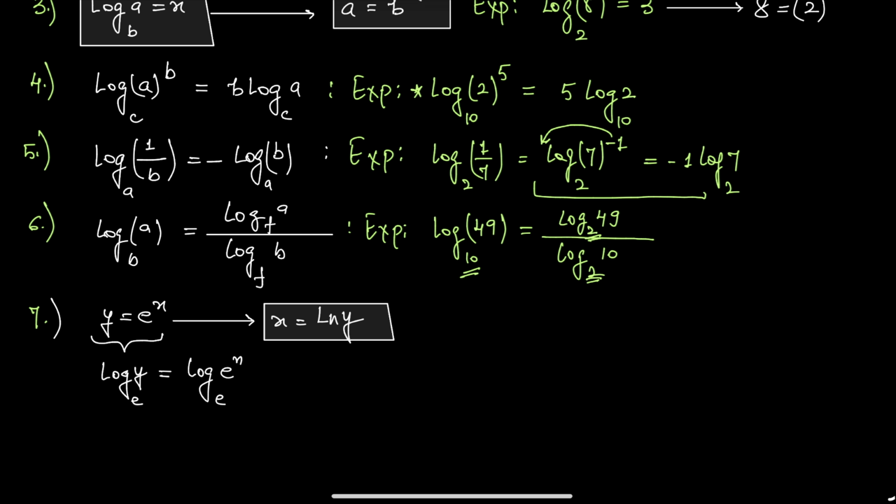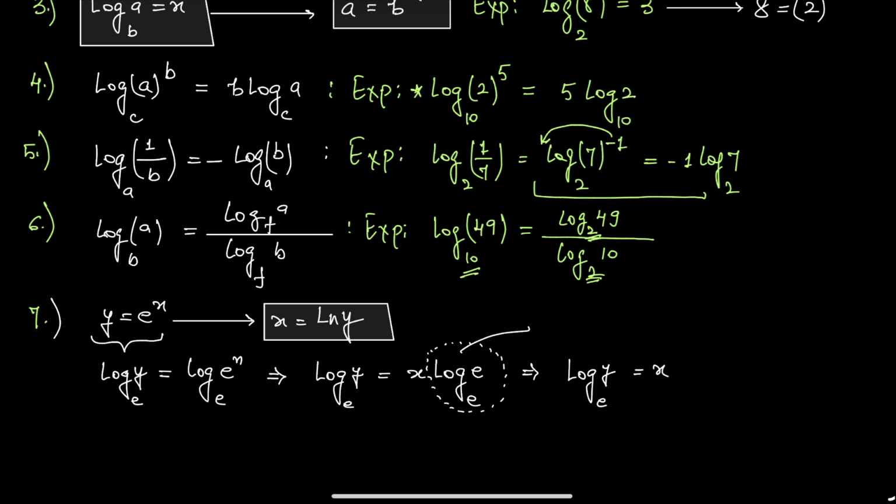e is Euler's constant. In the next step, I will write log y with base e equals x log e with base e. And here we need to understand that log e base e becomes 1. So finally I will write it as log y with base e equals x, since this complete expression becomes 1.